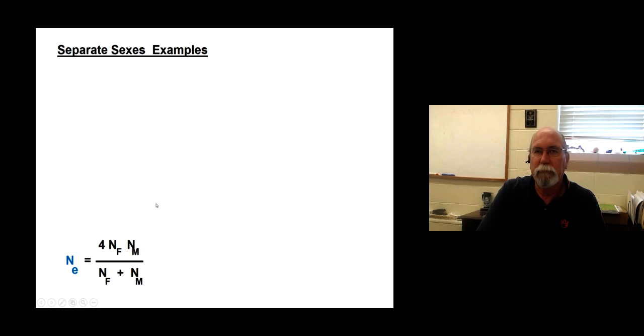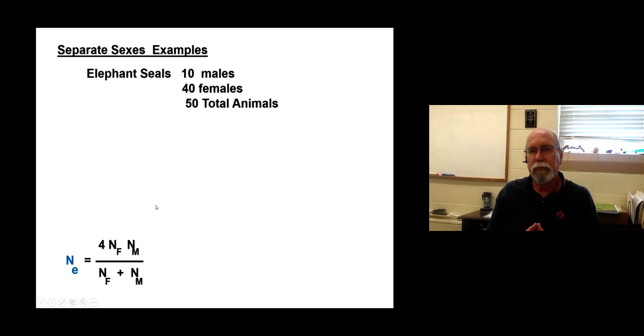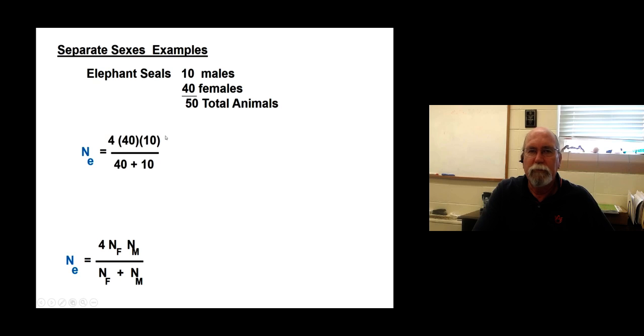Let's take a real world example. Southern elephant seals were hunted to near extinction. A population persisted on an island, was found, and on that island there were approximately 10 males and 40 females, so 50 total animals left. Let's pretend that all of these individuals mate. All 10 males get to mate with 1 or more females. Okay, what's the effective size?